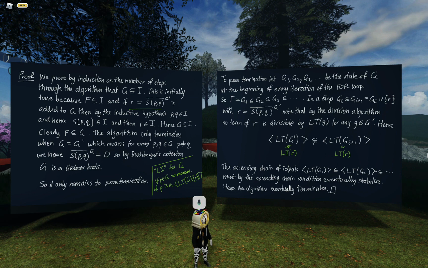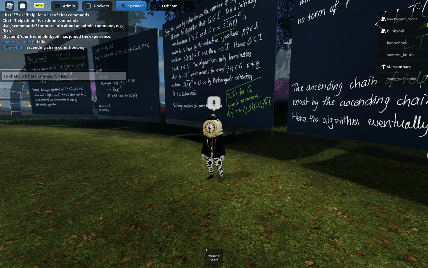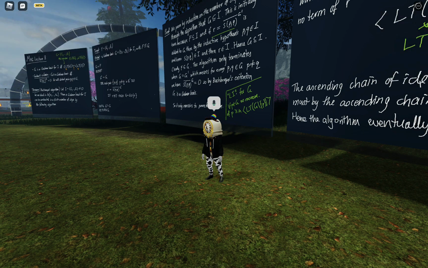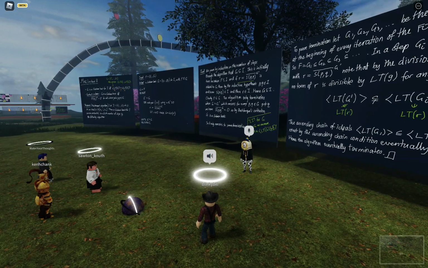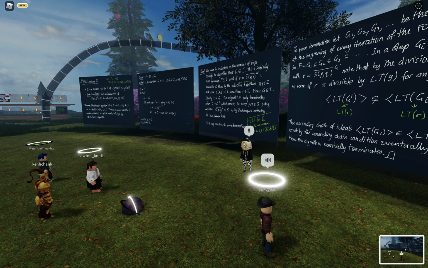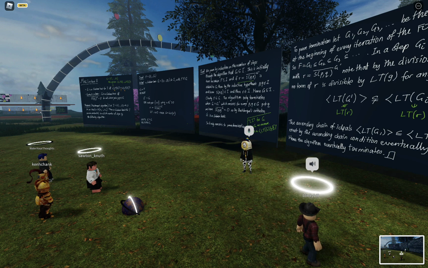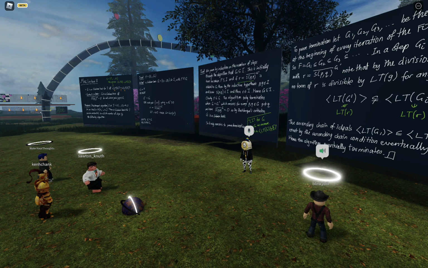I was going to ask if there's some relationship between the number of steps that the algorithm takes and the dimension maybe of the ideal or the variety. But then I saw this ascending chain condition, and I remembered you said something like the dimension is defined in terms of this.